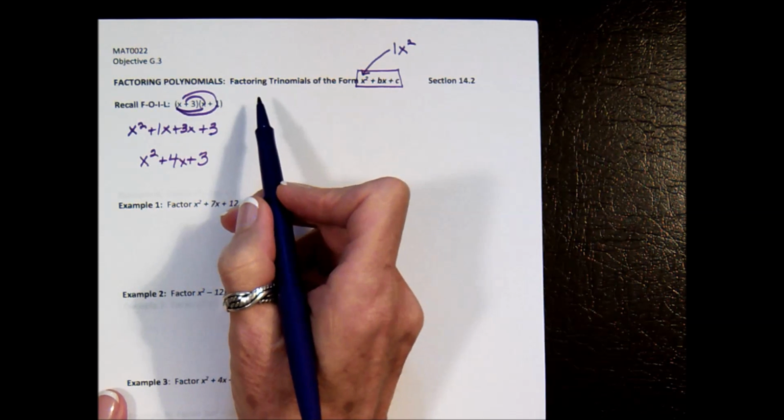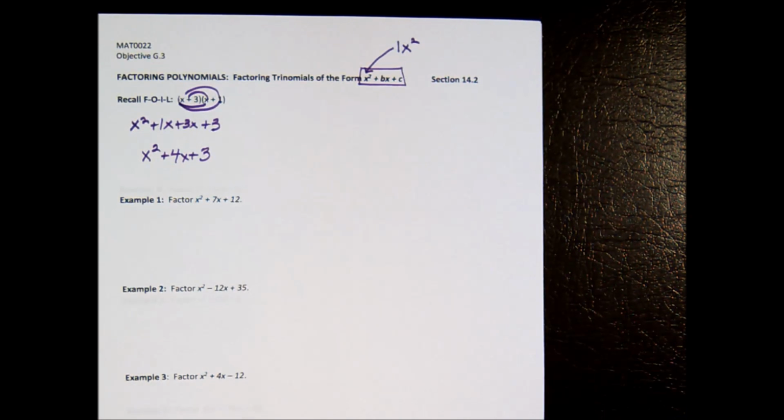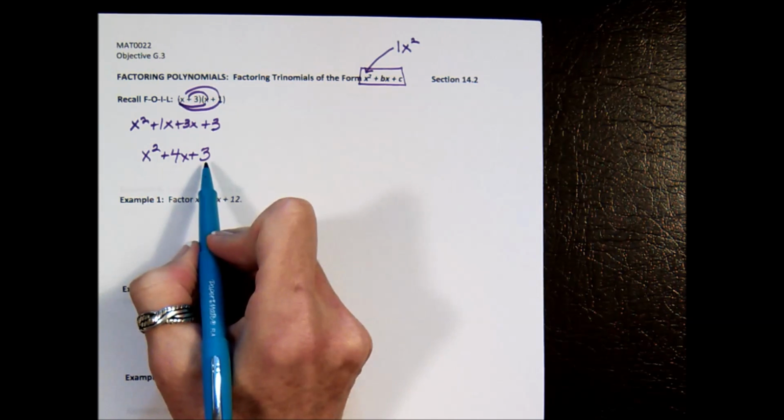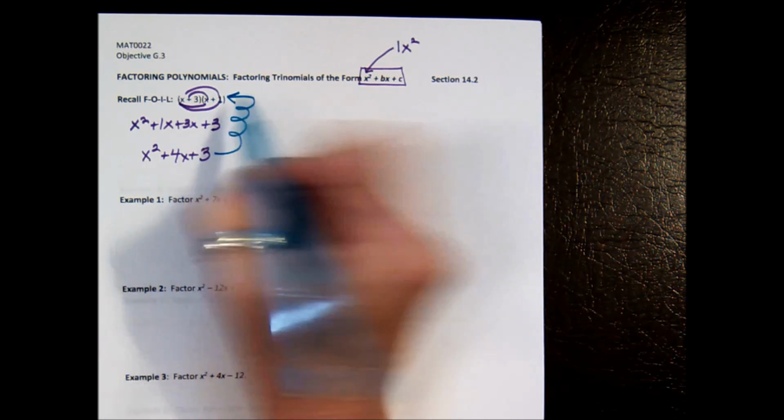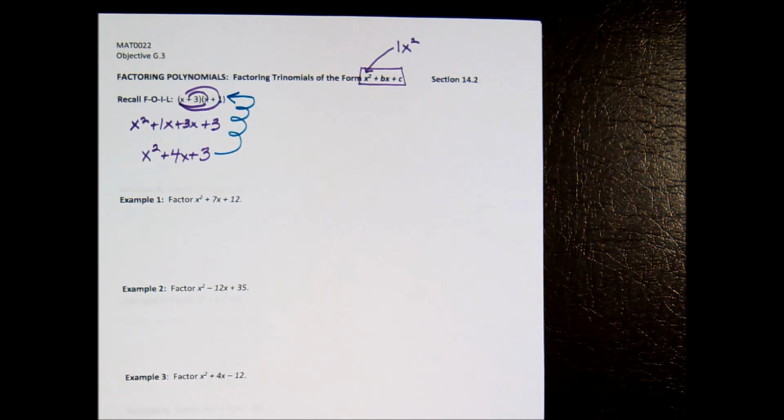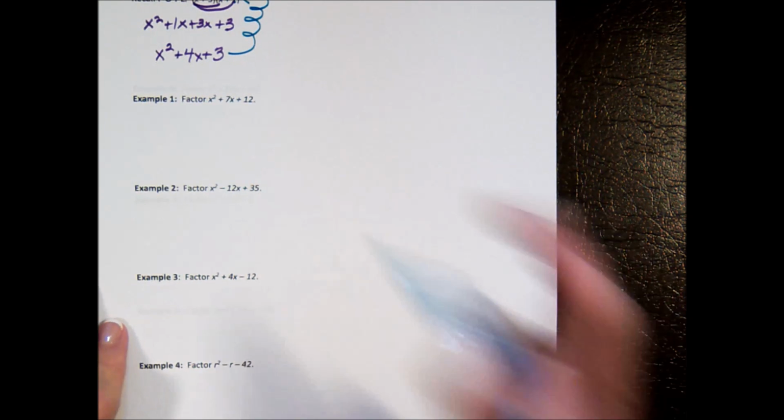Well, the type of factoring that we're looking at in this video takes an answer like x squared plus 4x plus 3, and we're going to unravel it back to what it looked like before it was ever FOILed. And it's really a real simple process for doing it. It's not just a guessing thing. So let's take a look and I'll show you that process.